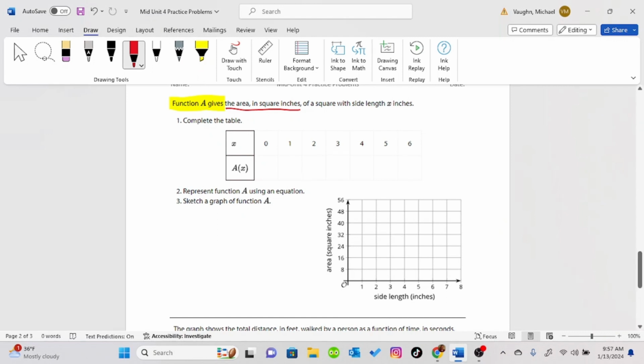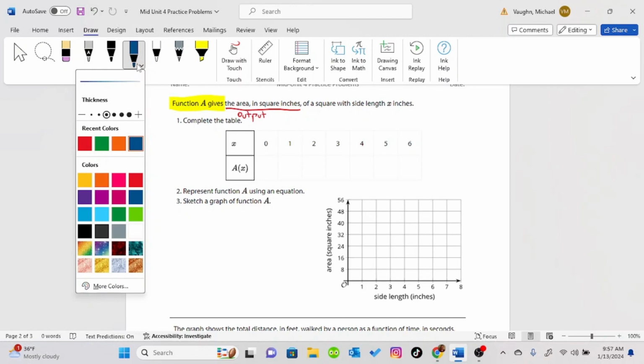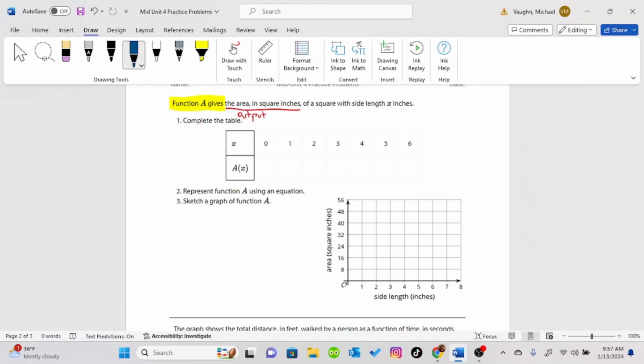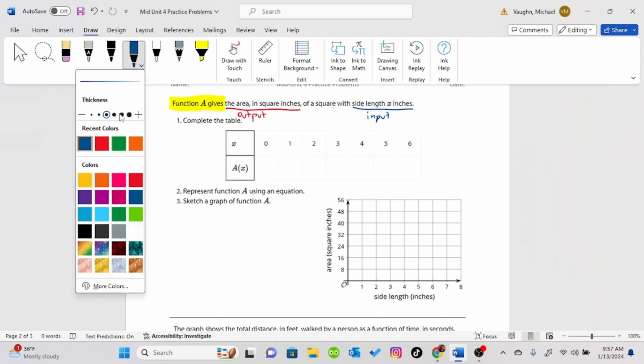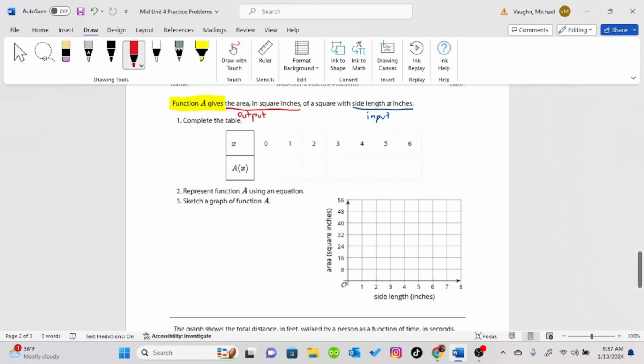The area in square inches is our output, using side length in inches as our input. Now we need to know that the area of a square is the side length times itself.